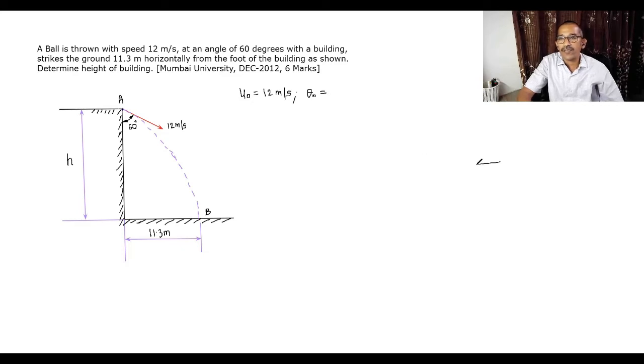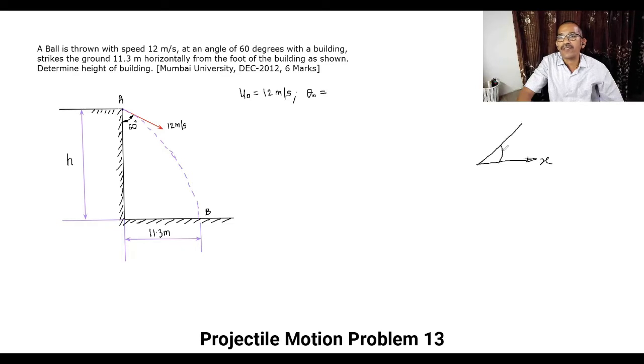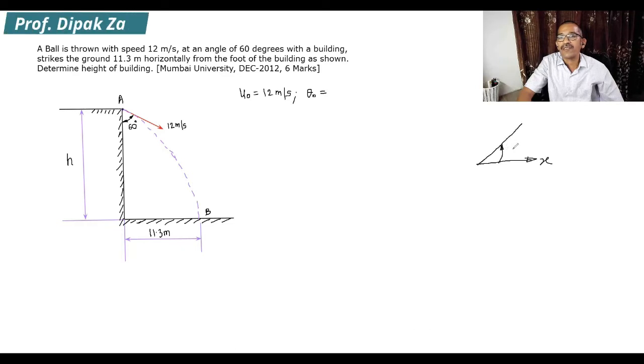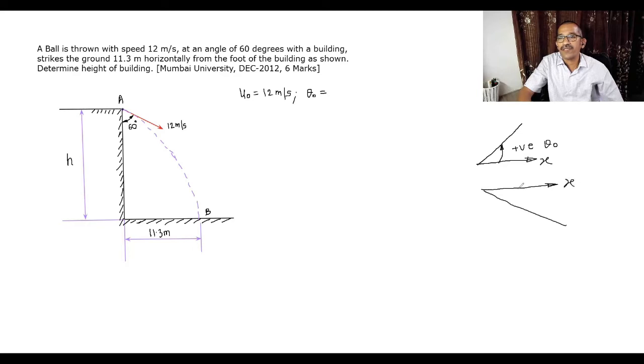Here I am drawing this one, say your x-axis. So a positive angle is always measured from the x-axis in the anti-clockwise direction. If this angle is given, then this one is positive theta 0. If the angle with the x-axis is given in the clockwise direction, that means if this angle is given, then in this case this is negative theta 0.